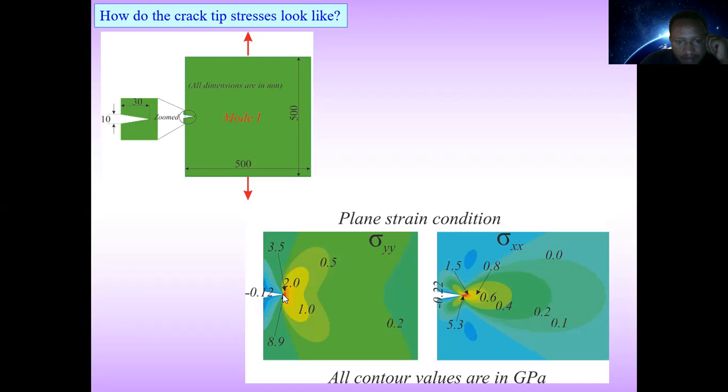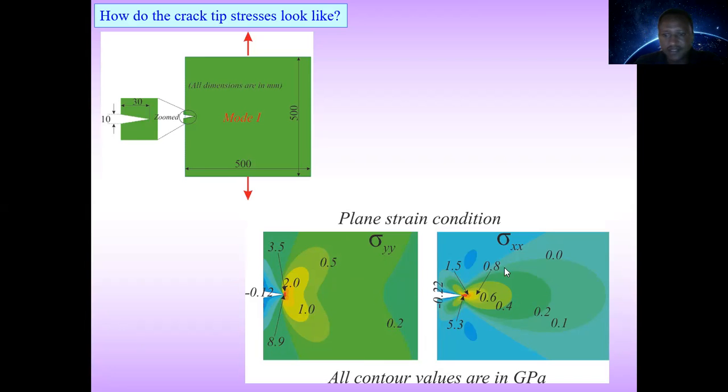We can see here the plane stress condition. At the point near the crack tip, there is high stress, that is 8.9, which is high stress concentration. Once we go behind, we can see 3.5 gigapascal, then 2 gigapascal and 1 gigapascal. In this region, we can observe 0.5, and around here 0.2, and far away it is 0.